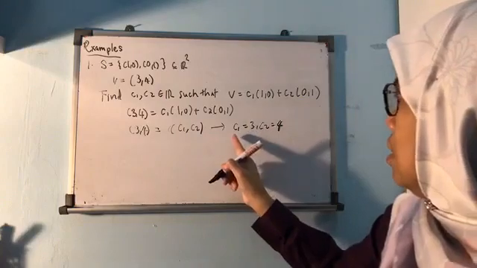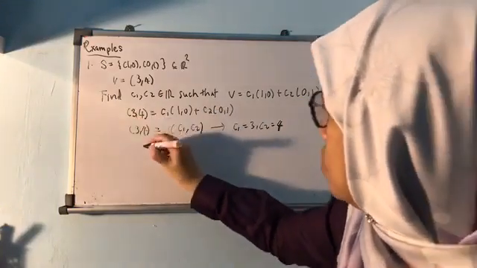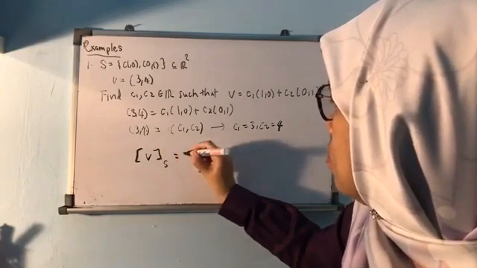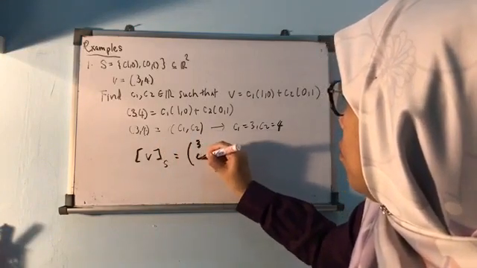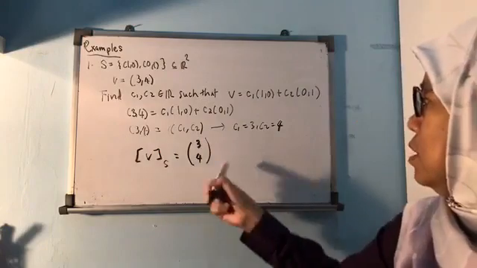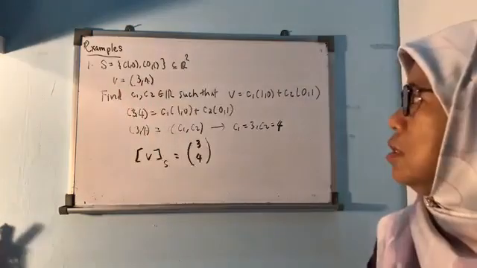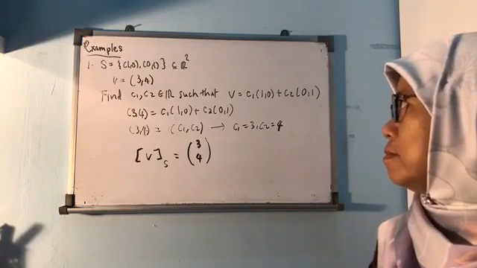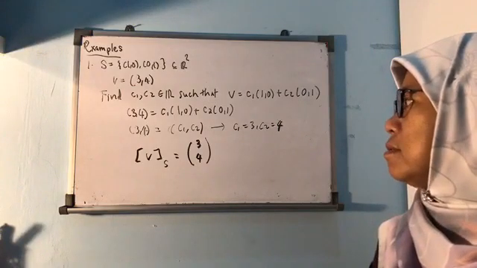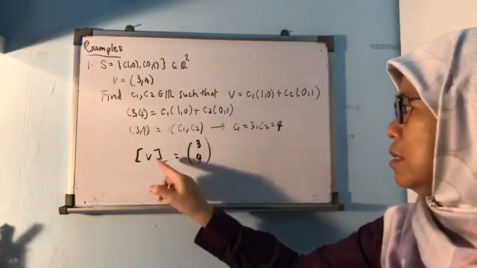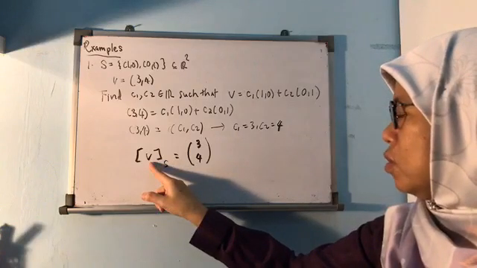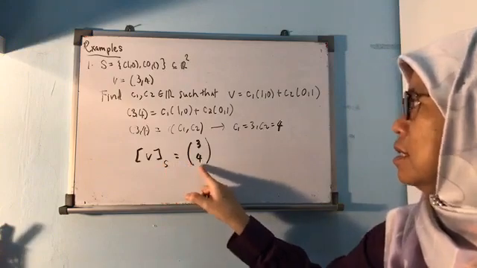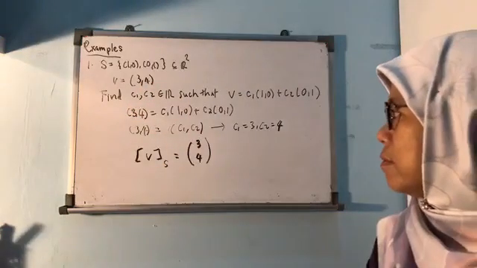So [v]_S equals (3,4), which is actually equal to the original v. So for any standard basis, the coordinate vector of v relative to the standard basis is just equal to the vector.